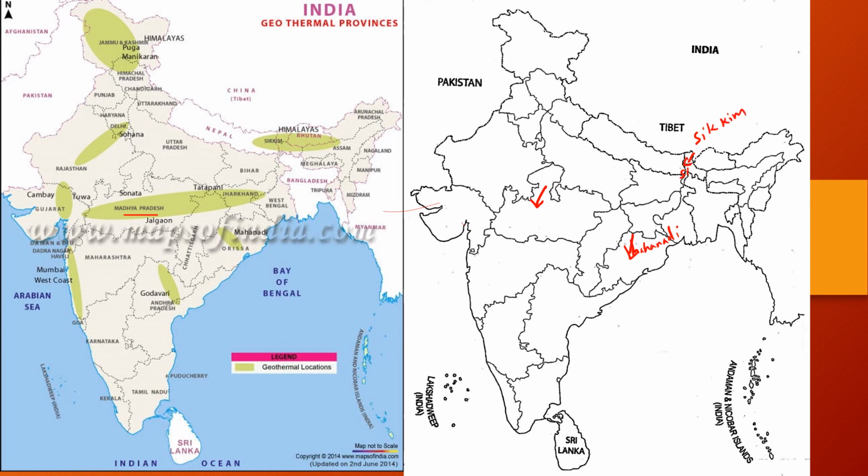Based on these sites, this is important. The other important ones are Puga and Manikaran, which is in Jammu and Kashmir, and the Mumbai West Coast region, Godavari, Mahanadi, and so on. So these are the important geothermal sites in India.